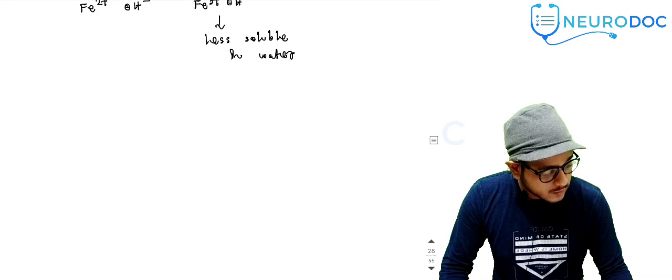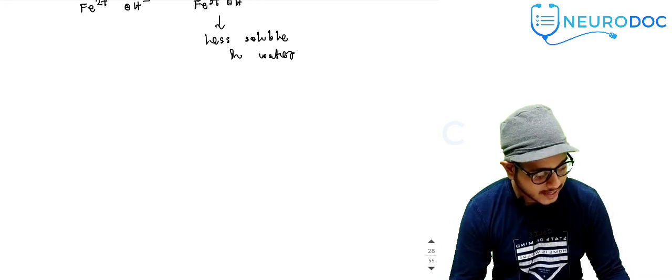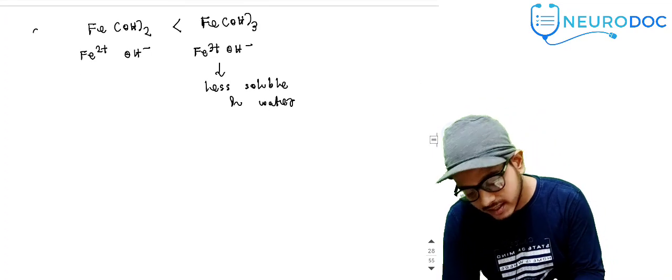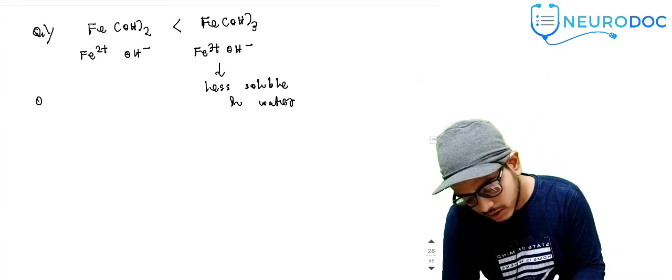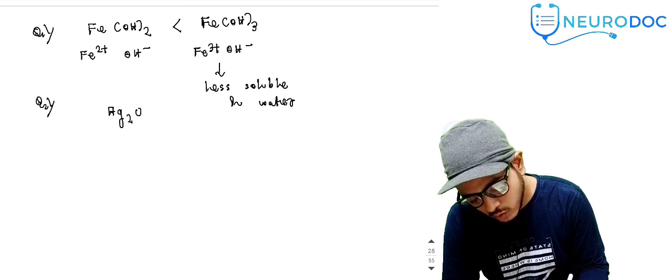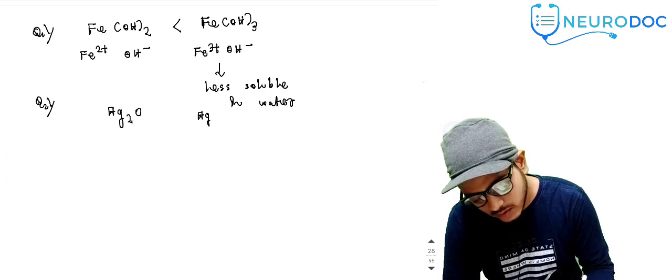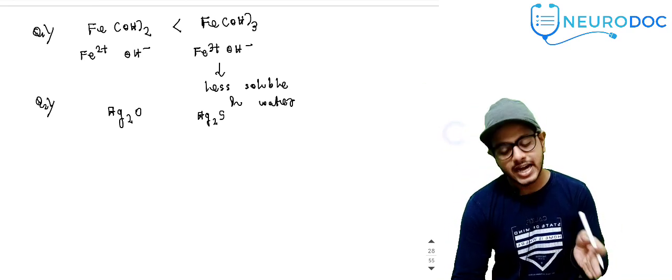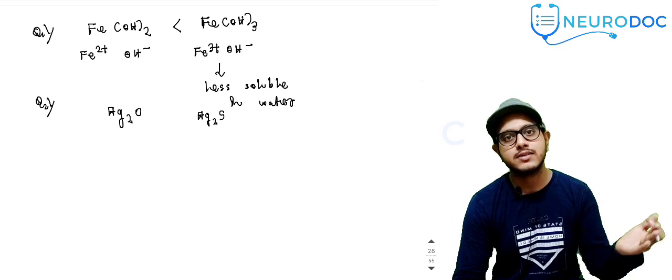Now, if you see another question, same solubility: Ag2O and Ag2S. Again here the cations are same, Ag plus, the anions O2 minus, S2 minus.